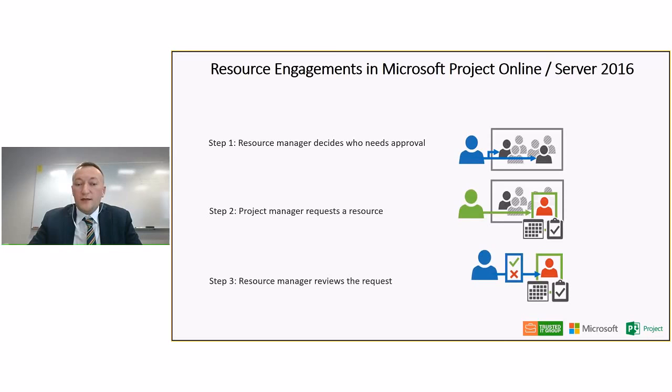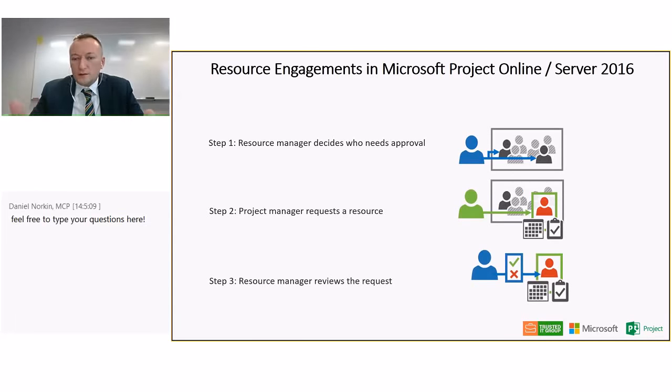Then the project manager, or someone with the right security permissions, would be able to request new engagements, new resources to be working on a new project or on existing projects. So you can open up that flow that says, if you need the resource, you have to go and put the request in, and there's a fairly easy process to do that.